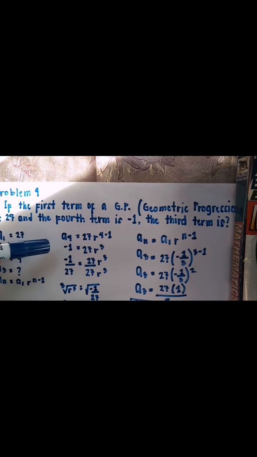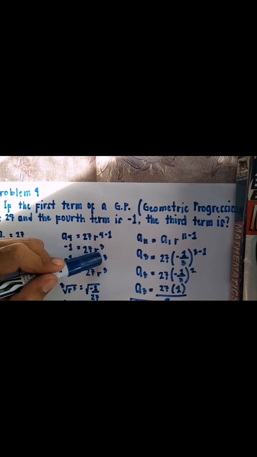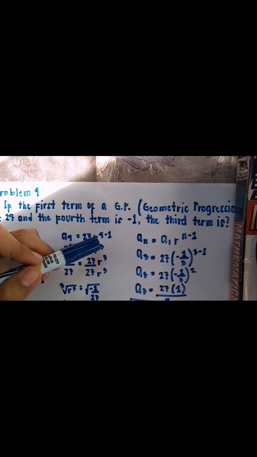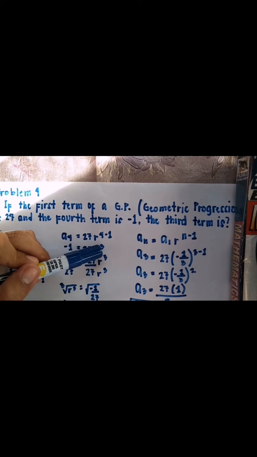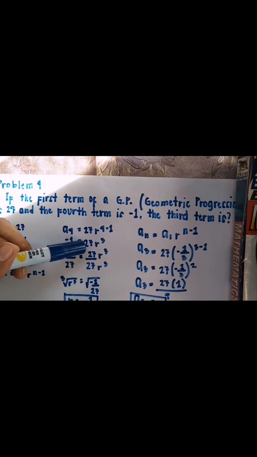The a sub 4 changes to negative 1. So it is equal to 27 times the common ratio to the power of 3, because 4 minus 1 becomes 3.